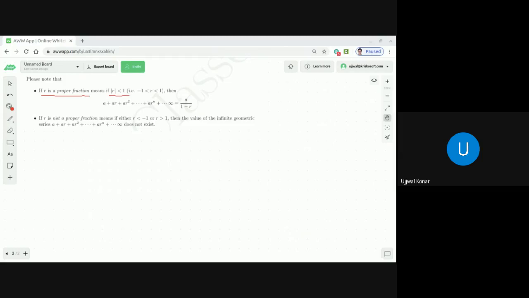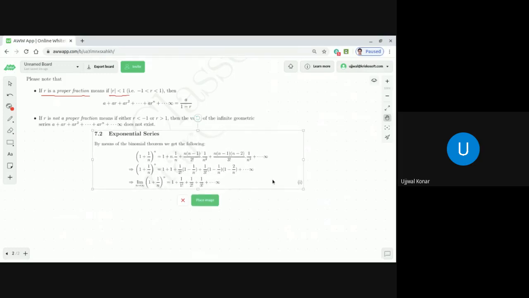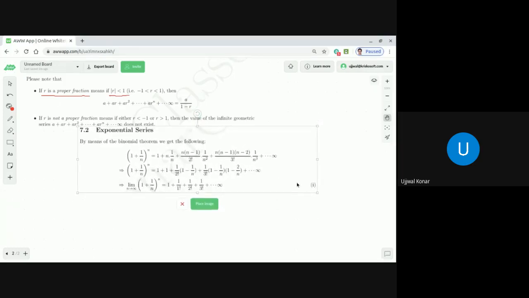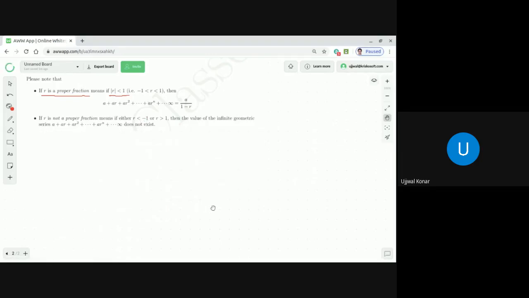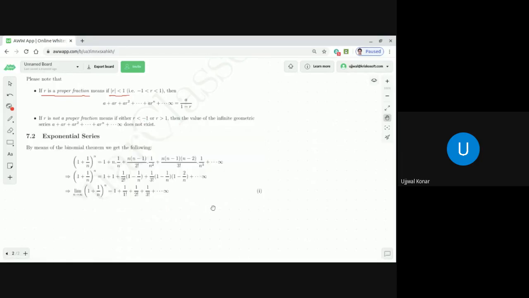So I will suggest that for the time being please assume this thing. A series expansion. If you look into this, dear students, as you see in the screen, we'll see later about the binomial expansion.